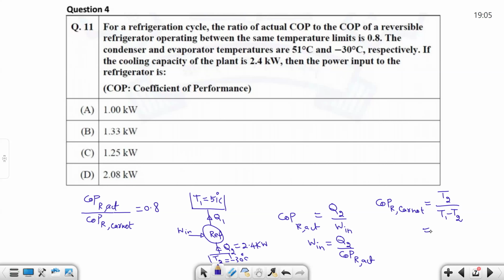So you substitute in Kelvin. T2 is 243 Kelvin. T1 will be 324.